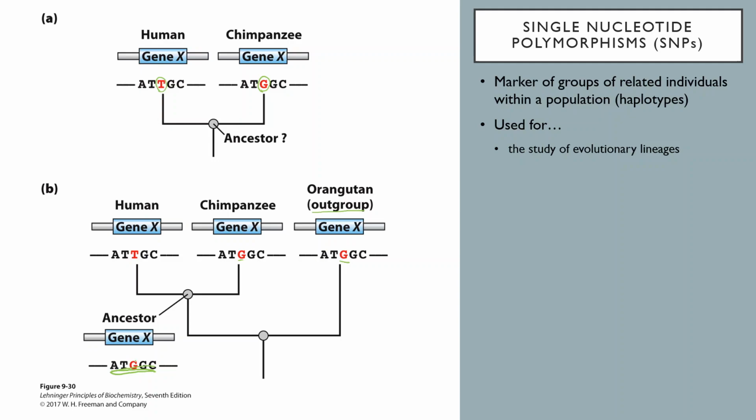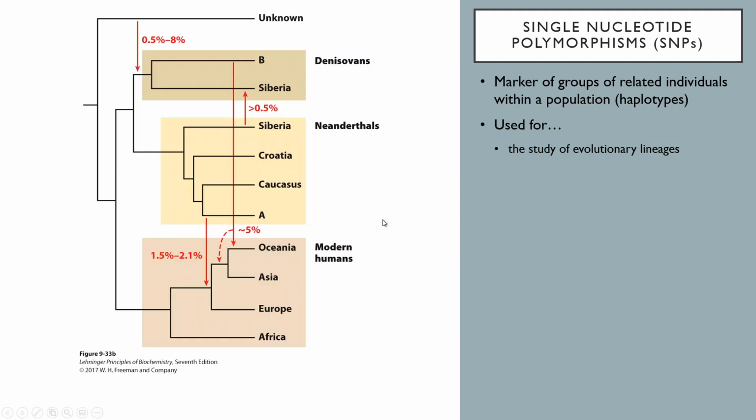And so what that means is that the chimp lineage inherited that gene, and then a mutation in that gene led, in the lineage to humans, to the modern human version of that gene. So again, these comparisons let you ask questions about the evolutionary history of different groups.